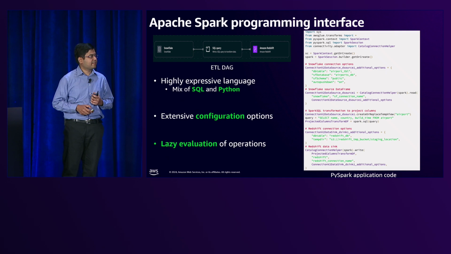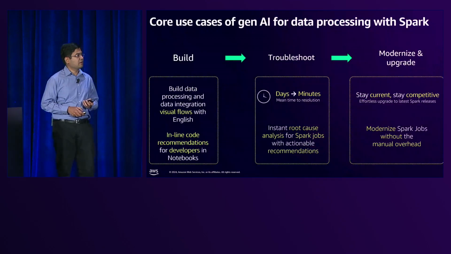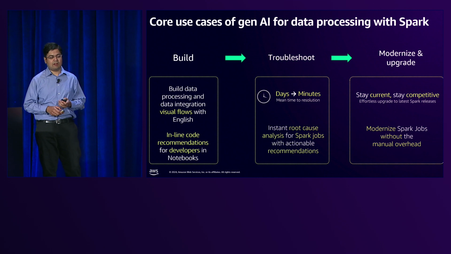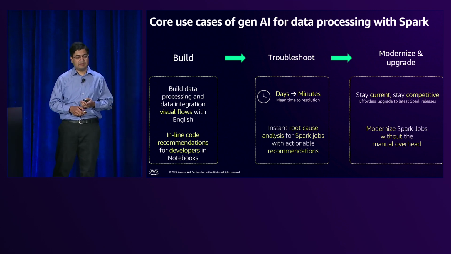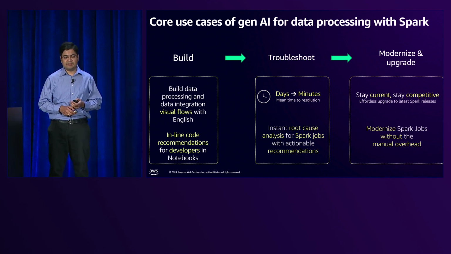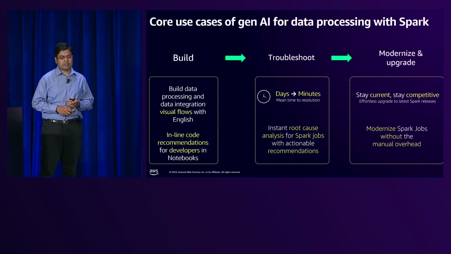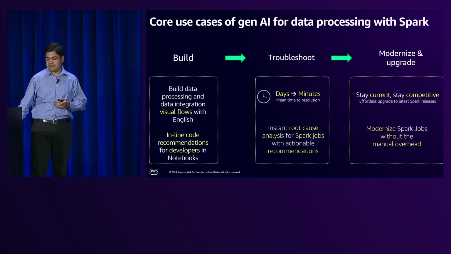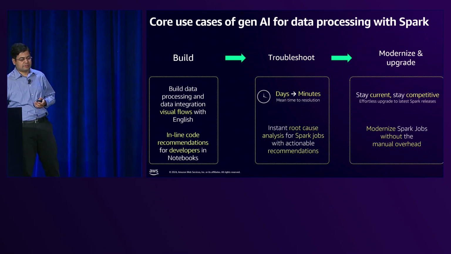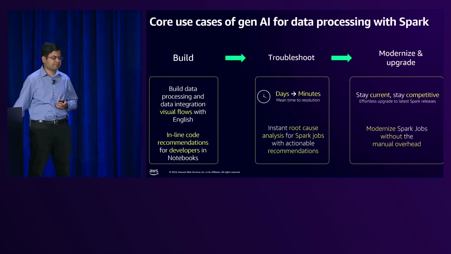To address these challenges for customers, we have built 3 new capabilities and launching them this year. The first capability simplifies the build process for Apache Spark applications. We serve both low-code, no-code users as well as developers who use SageMaker Unified Studio notebooks.